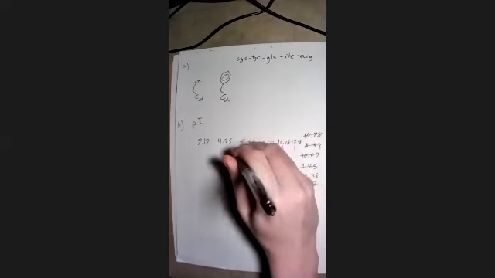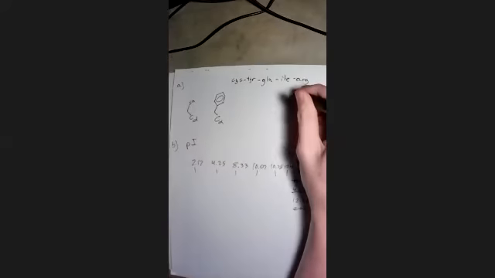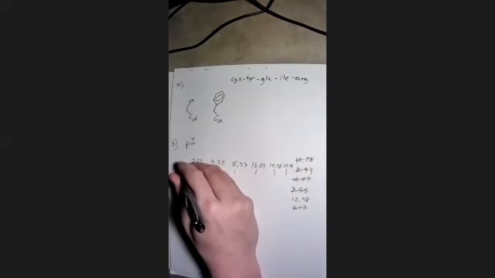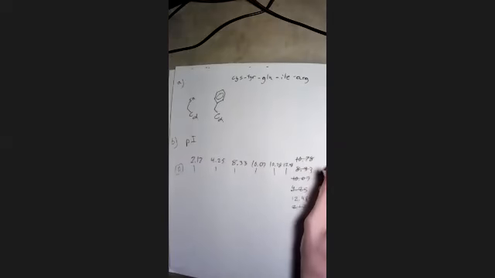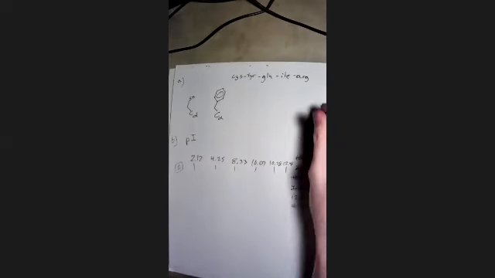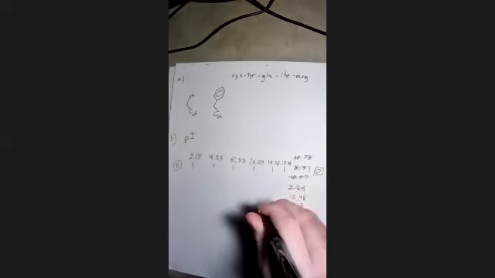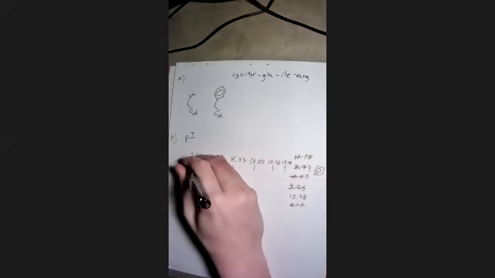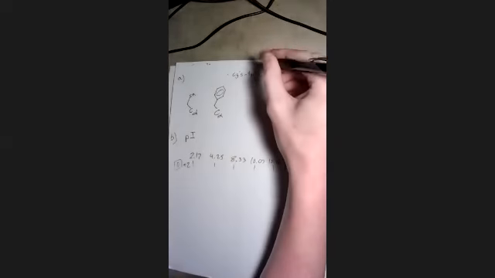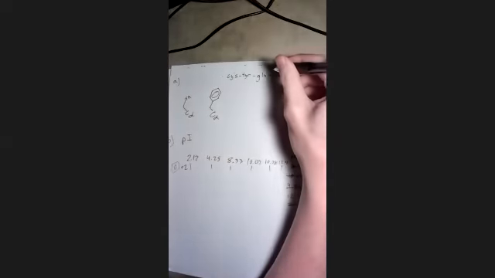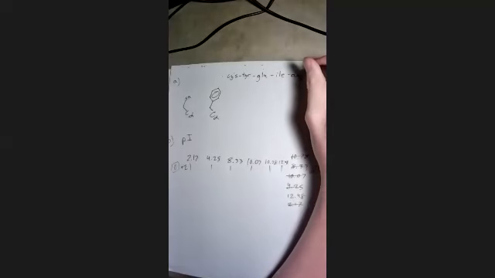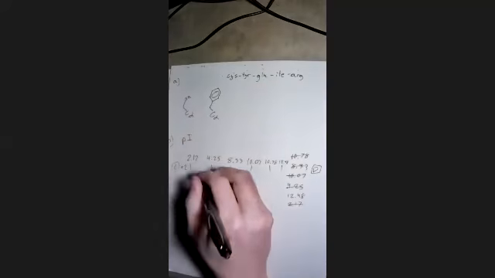Draw lines down under each of them. All right, charge of the most protonated part of this polypeptide, that's going to be +1 for the arginine, +2 for the ammonia, so that's going to be +2. Alternatively, you could do -1 for cysteine, -2 for tyrosine, -3 for glutamine, and then -4 for the C terminus.